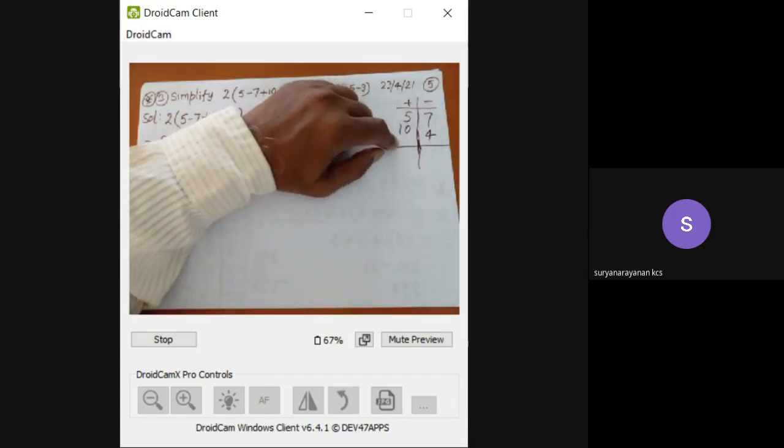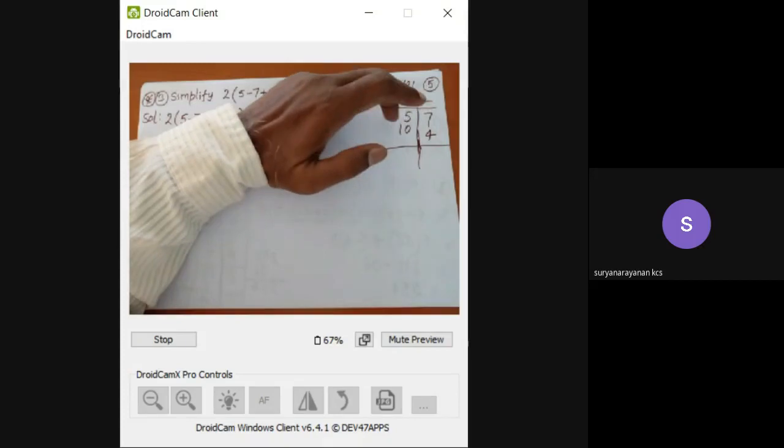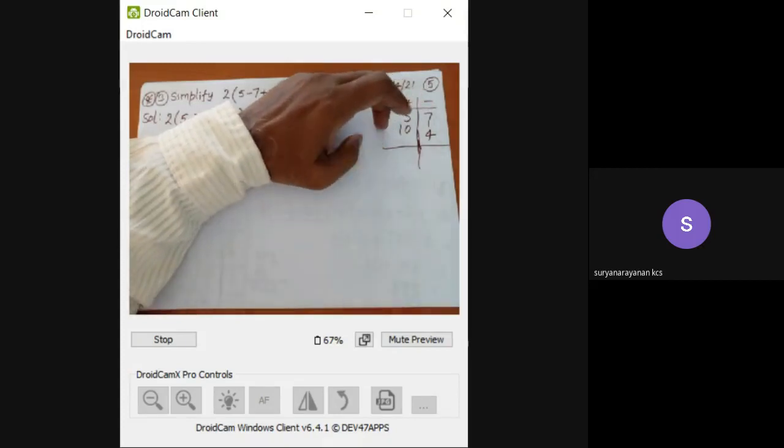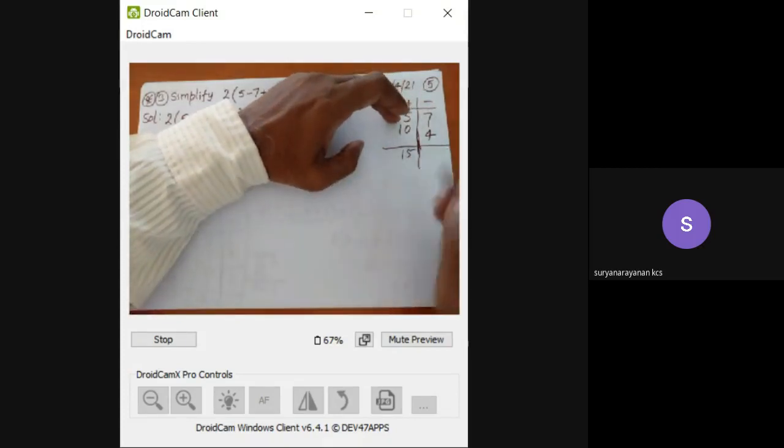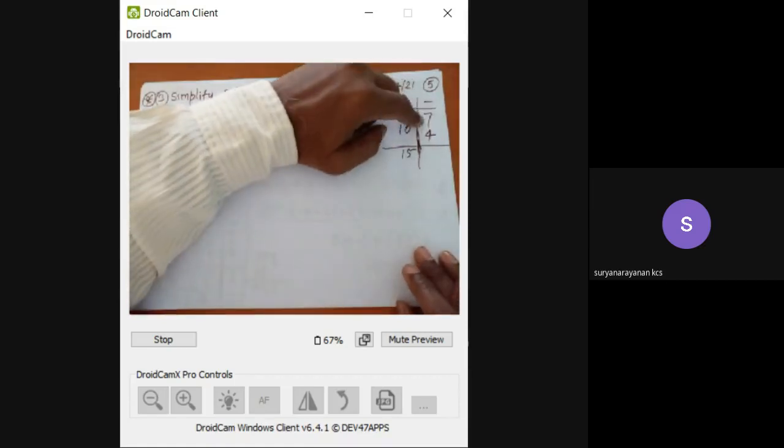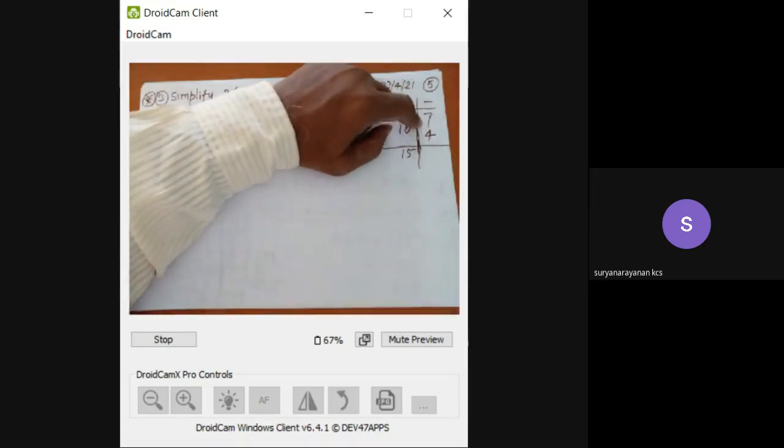Harini, you are not listening. You are not paying attention here. No use of attending the class if you are not paying attention. Yes, 15. Now simplify these 2 numbers and tell me the answer.